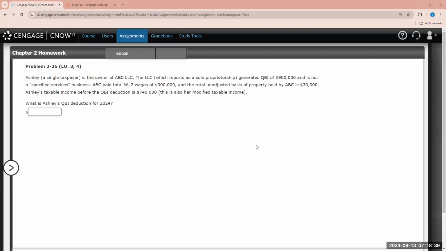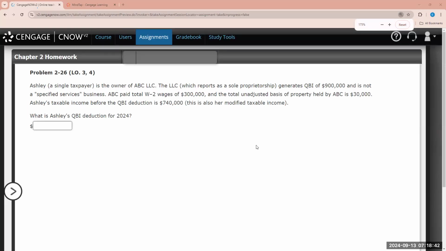The LLC, which reports as a sole proprietorship, generates QBI of $900,000 and is not a specified services business. ABC paid total wages of $300,000, and the total unadjusted basis of property held by ABC is $30,000. Ashley's taxable income before the QBI deduction is $740,000. This is also her modified taxable income.